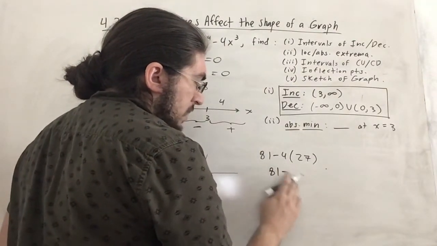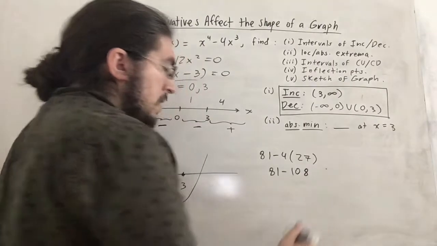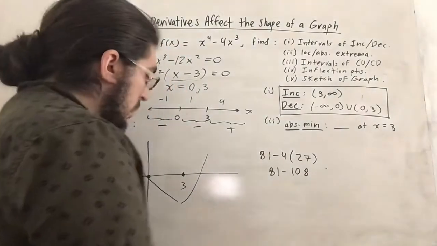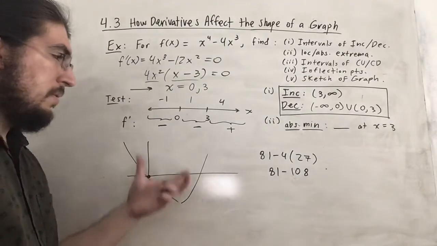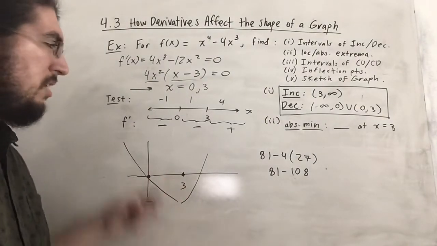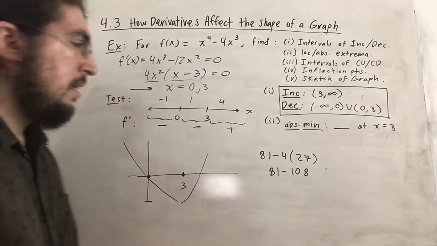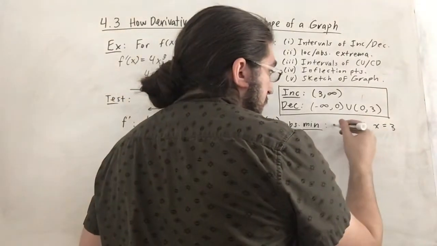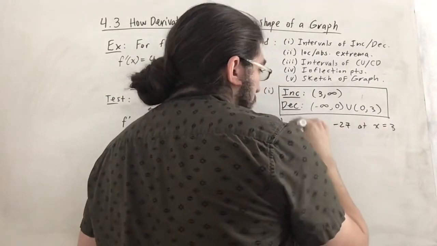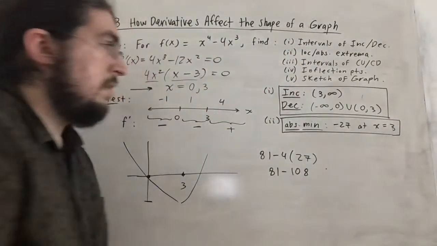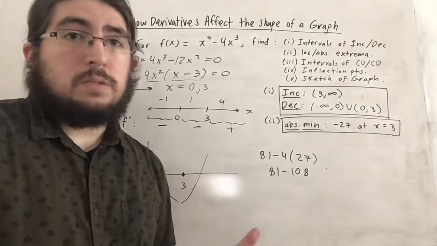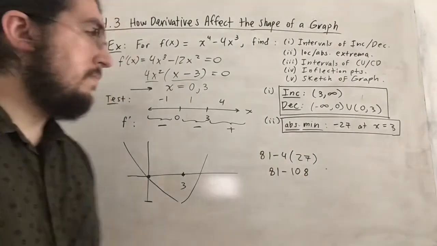So 81 minus 108 is negative 27. That makes sense because it looks like it's negative here, but that was me assuming that it would be like this. It could have been above the x-axis. But anyways, it is negative 27. So this actually is our only extrema, local or absolute. We only have one absolute min.